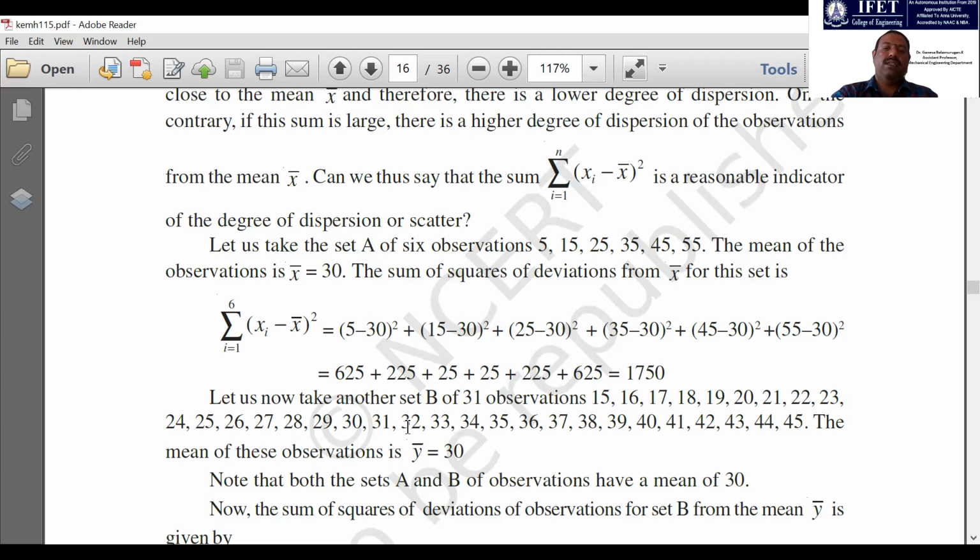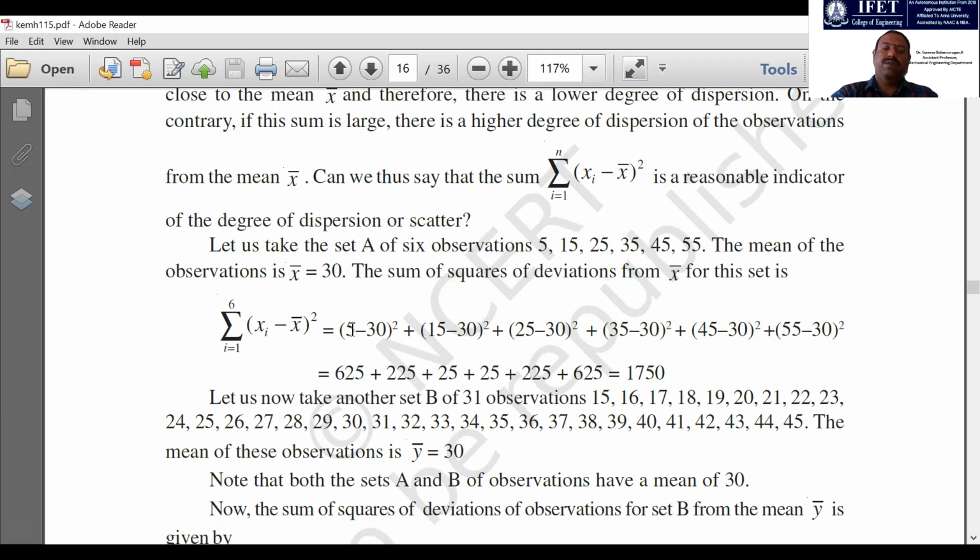But here, in the concept of standard deviation, we will define the concept of variance. So here we are not taking the modulus, we are not converting into the absolute value. Here we are converting the negative values into positive values by squaring them, right?